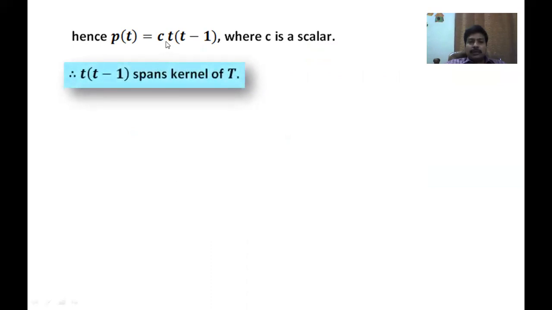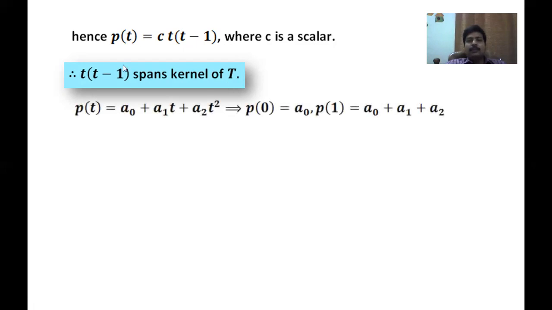So this polynomial t times (t minus 1) spans the kernel of T. So any multiple of this one will be in the set of the kernel of T. That will be the null space.